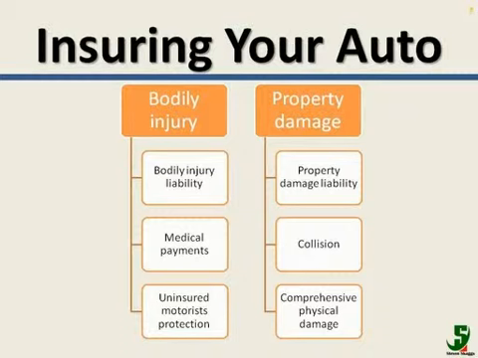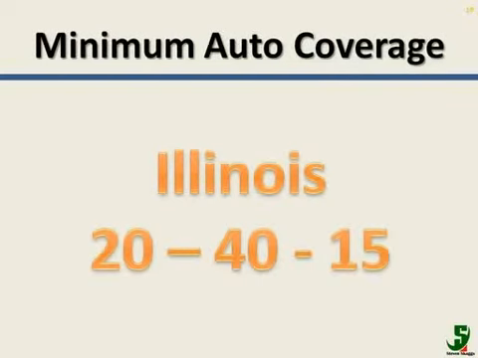Comprehensive physical damage covers your losses from anything other than a collision, such as theft, weather damage, acts of nature, or hitting an animal. Auto insurance coverage is limited depending on the policy. The limits are typically stated in numbers representing thousands of dollars.